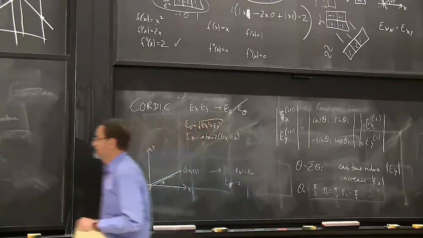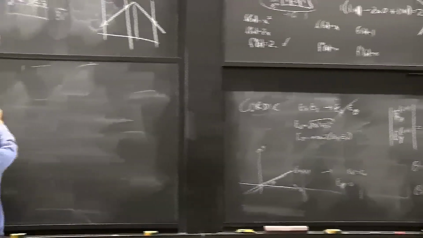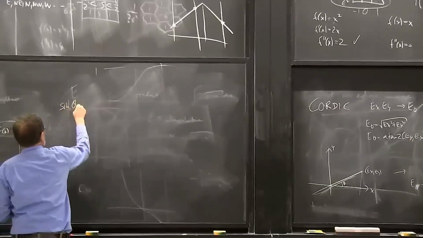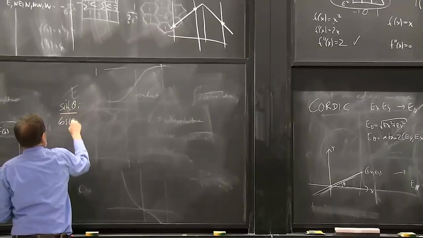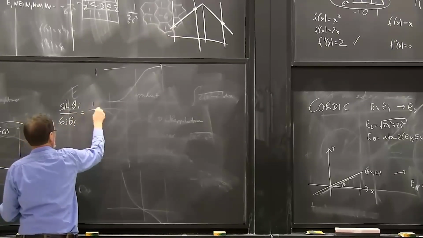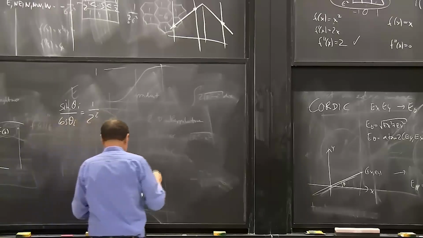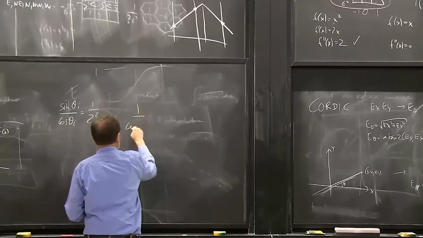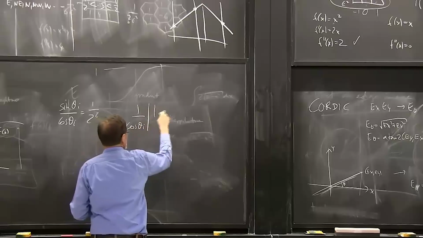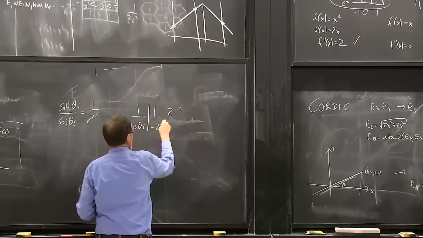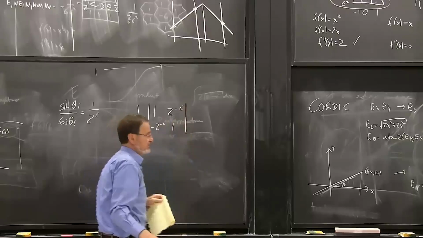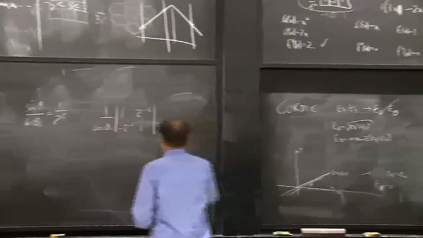Well, what we can do is pick the angles very carefully. Suppose that we pick the angles so that they're inverse powers of 2. Then the rotation matrix just becomes this.